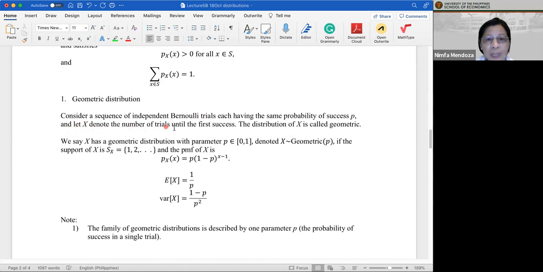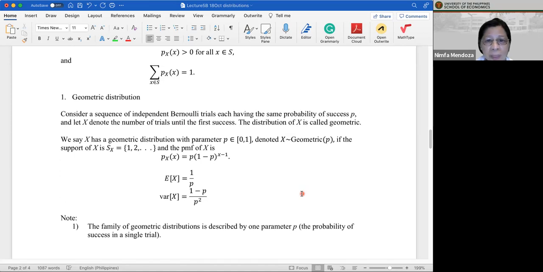Let X denote the number of trials until the first success. The distribution of X is called geometric. We say X has a geometric distribution with parameter p, which is the probability of success in each trial. It's a probability, so it must be between 0 and 1.